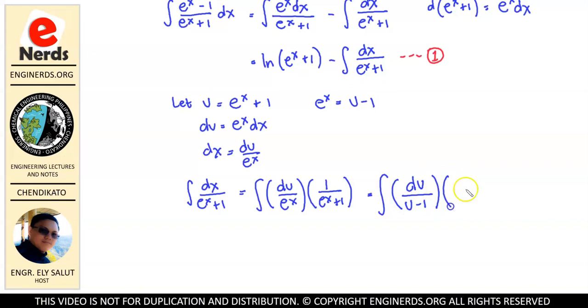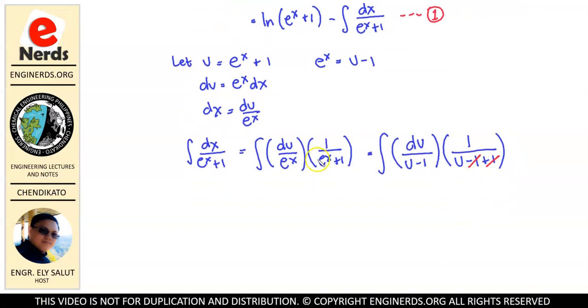Then we have 1 over u minus 1, and then we have plus 1 pa dito. So, negative 1 and positive 1, this will be equal to 0.